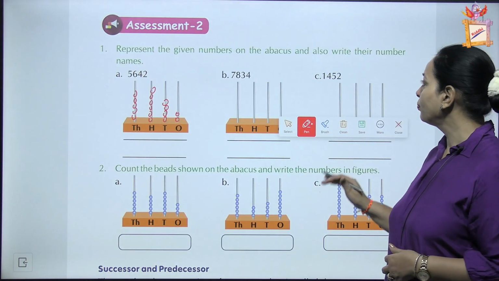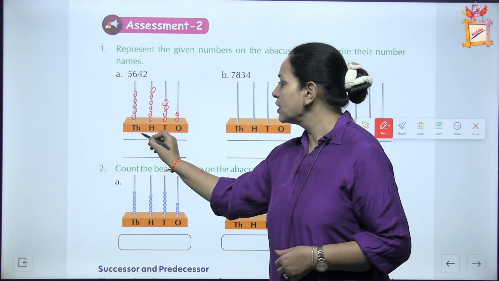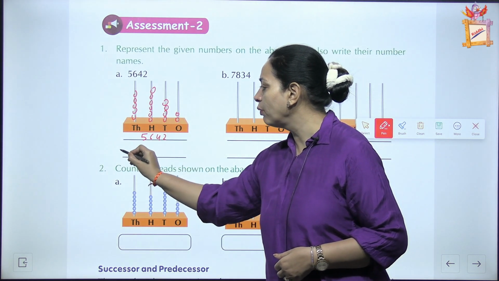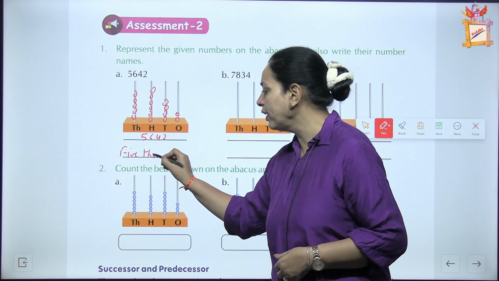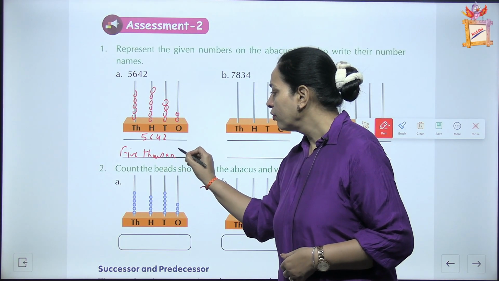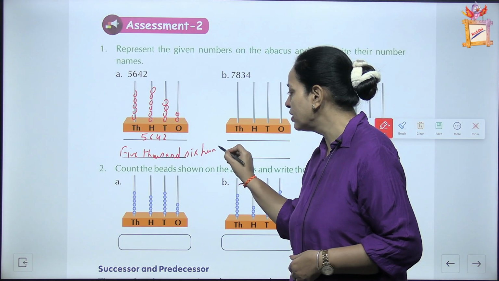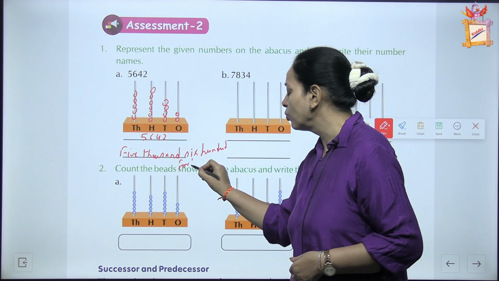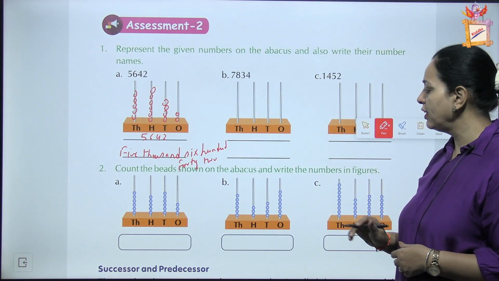Right? So we can write the number names. So this is 5642. Write in words 5642. Right? I hope the remaining parts you can try yourself.